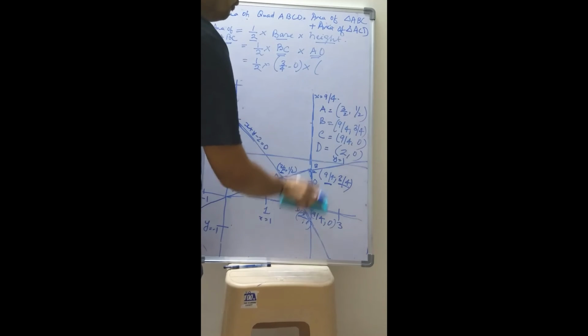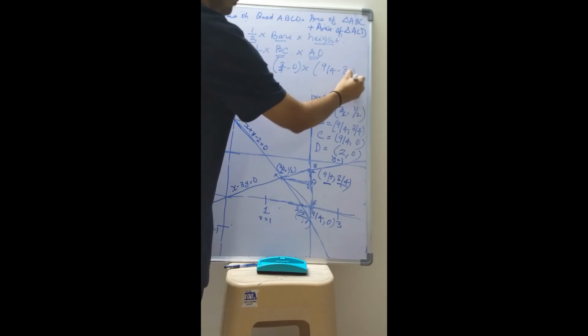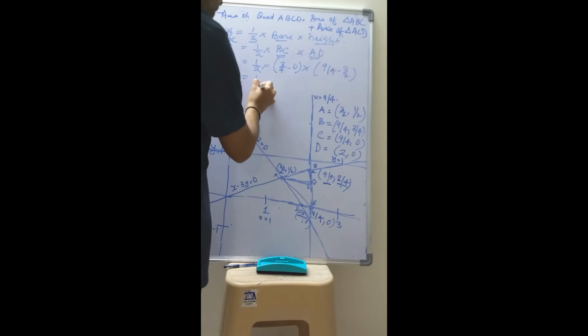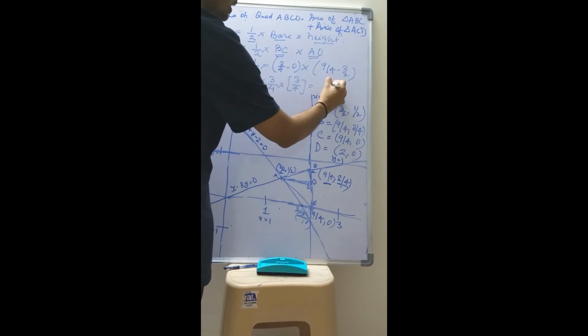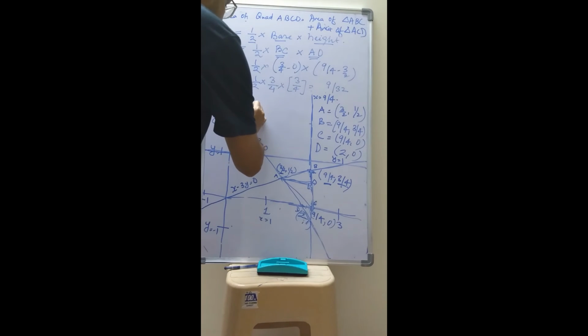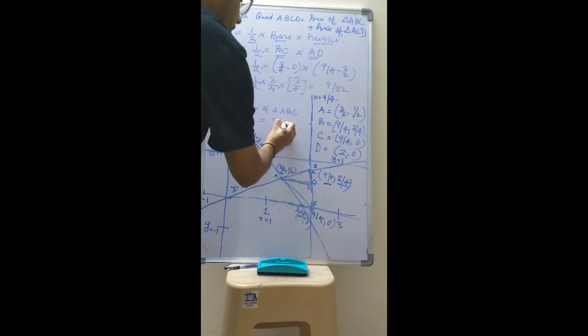So it should be 9 by 4 minus 3 by 2, which is also 3 by 4. This is half into 3 by 4 into 3 by 4, which becomes 9 by 32. So the area of triangle ABC is equal to 9 by 32.